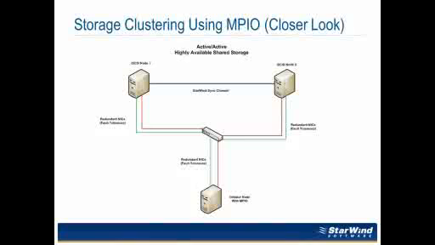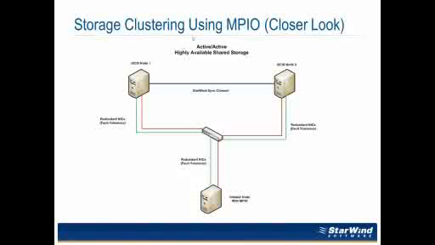And that ultimately gets presented down to your Hyper-V box as a multi-path device. Depending on how many NICs in the Hyper-V box are dedicated to iSCSI and how many NICs you've got in your iSCSI box, you could have 4 paths, 6 paths, 8 paths to that storage.